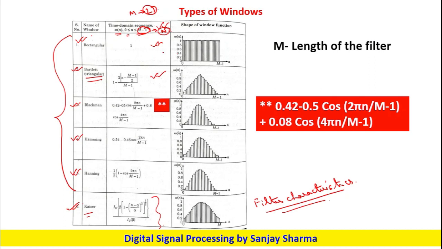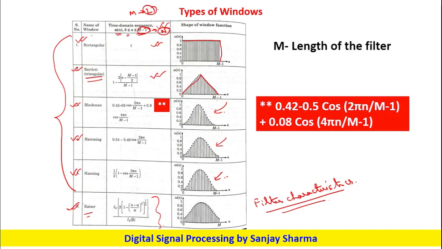In the rectangular window, you have a rectangular passband like structure. In the triangular or Bartlett window, you have a triangular shape. In the Blackman window, you will have a Gaussian type shape. In the Hamming window, you will have another type of Gaussian shape.